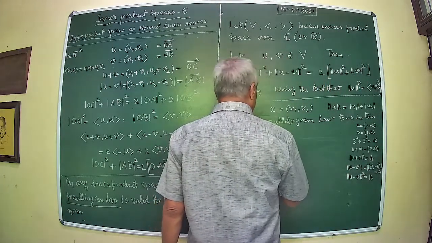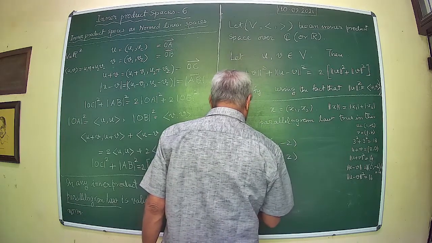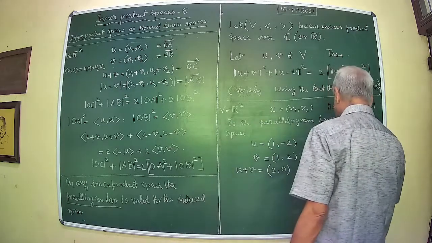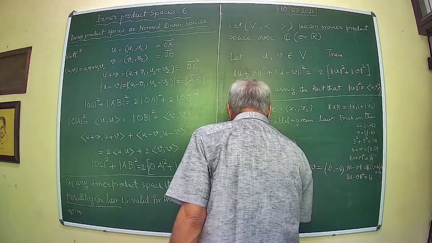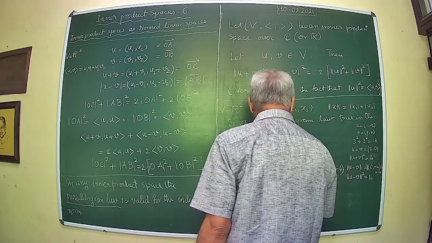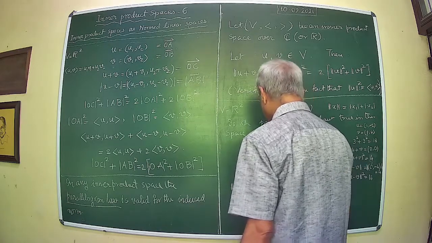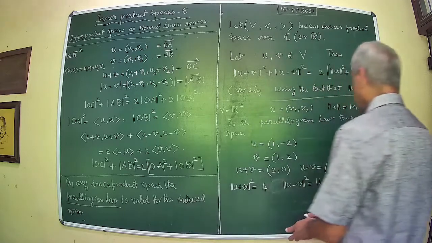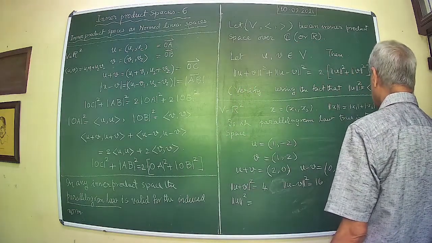Take u equal to minus 4, norm of u square equal to 1 plus 2.